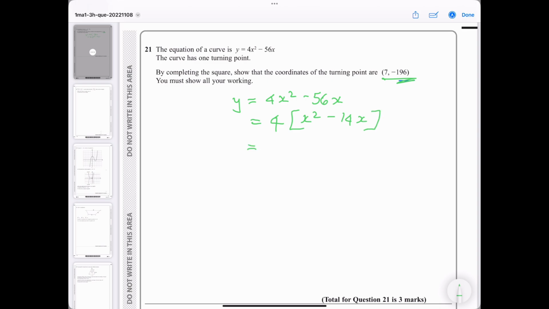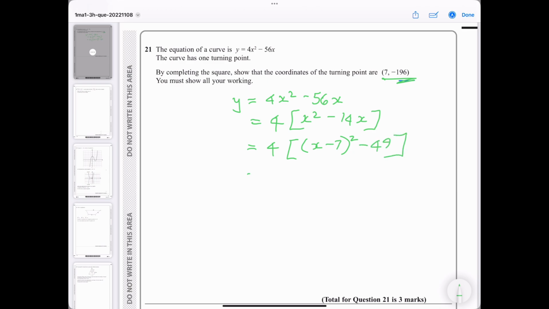And then you can actually complete the square now, so we'll go x minus 7 squared. But that means we get an extra 49, because if we did that out, we get x squared minus 14x and then plus 49, so we take away 49.